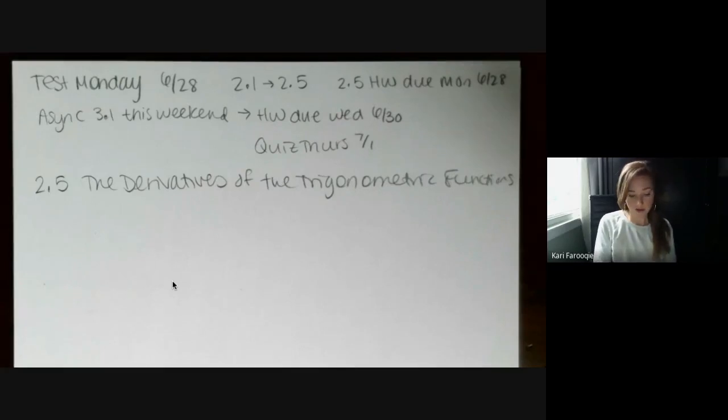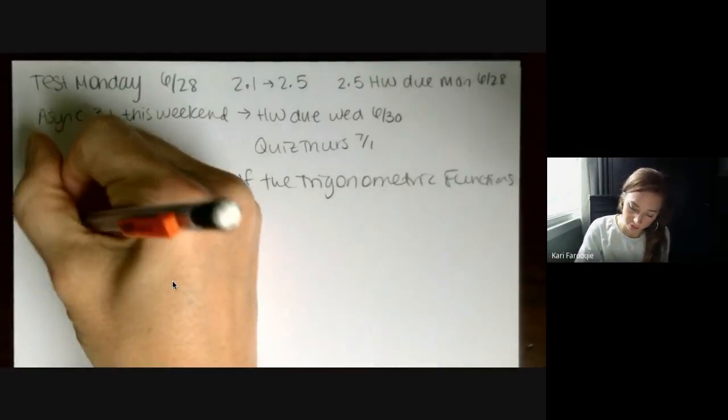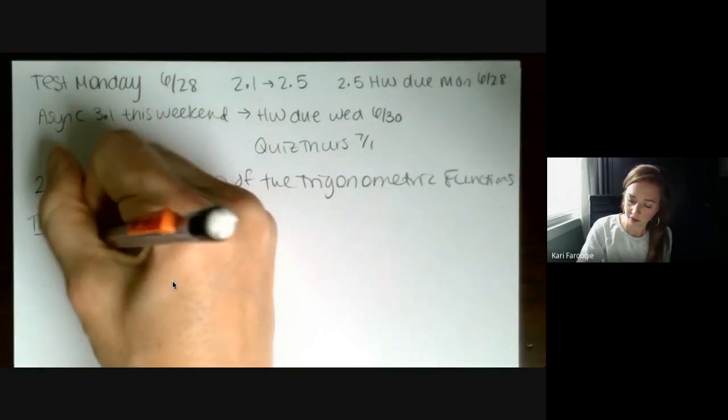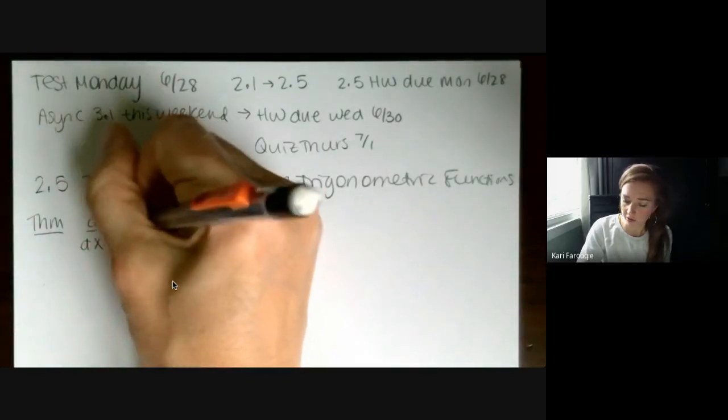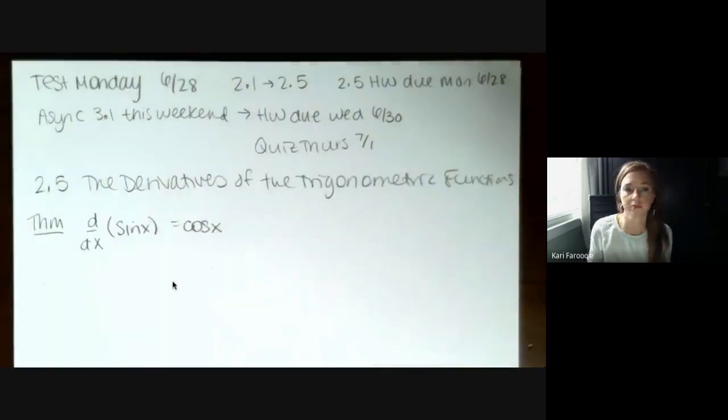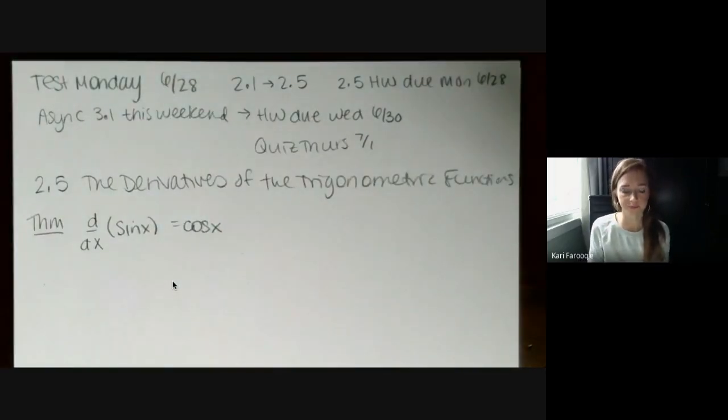Okay. So I'm going to give you a theorem, but it's basically just 6 trig derivatives because we have 6 trig functions. The derivative of sine x with respect to x is cosine x.